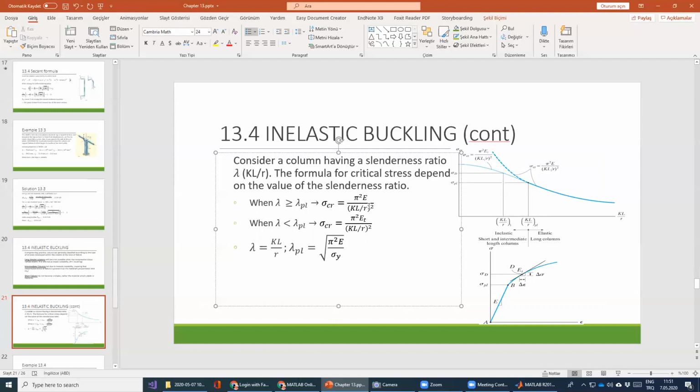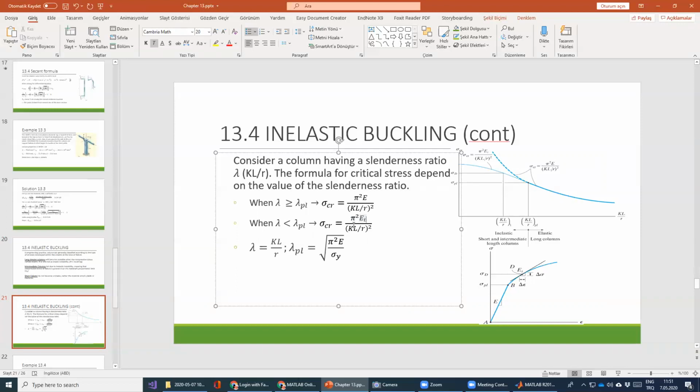But when our lambda is smaller than lambda PL, the slenderness ratio lower than the plastic limit, then we use the new formulation, changing only the modulus of elasticity term. We call this E_T, the modulus of elasticity for the plastic case.